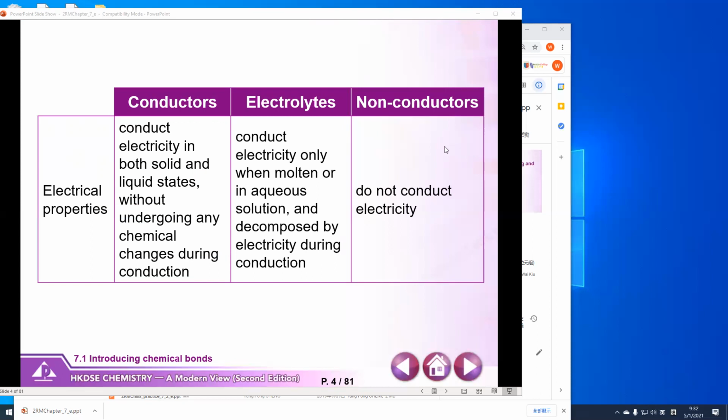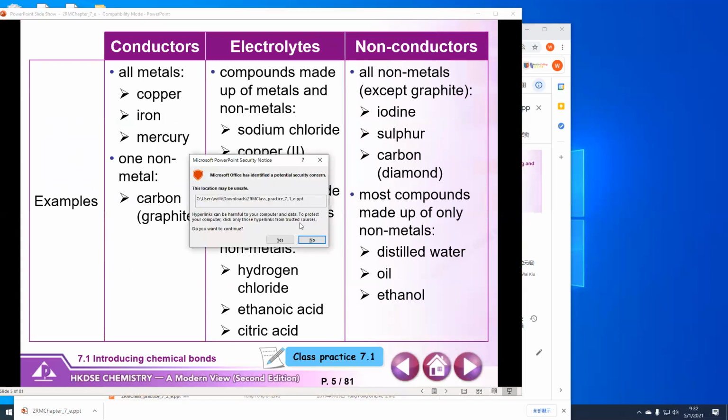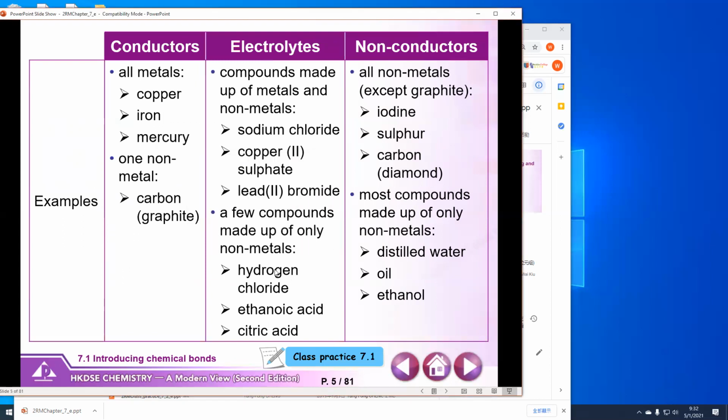Which one can conduct electricity in solid state? 即係話佢係一嚿嘢嗰陣，佢都仲可以導到電。Class Practice 7.1. And what are the electrolytes?